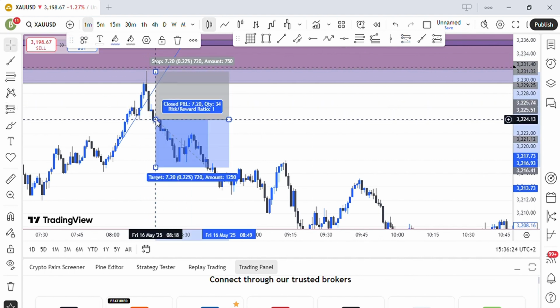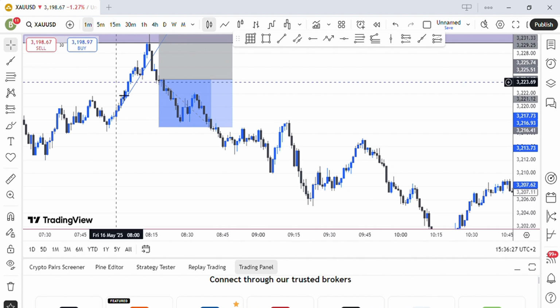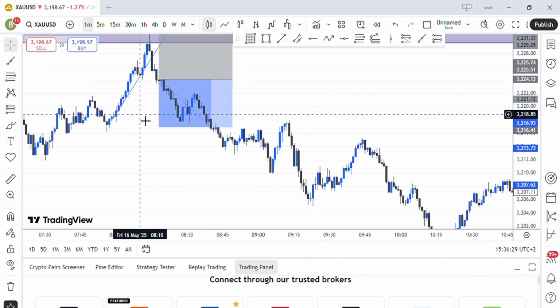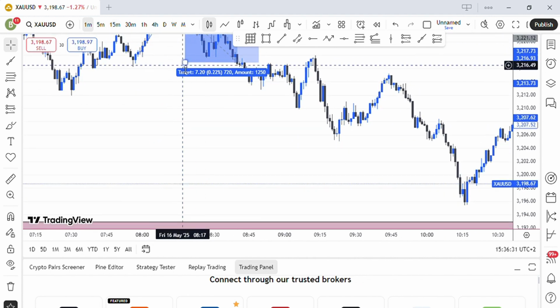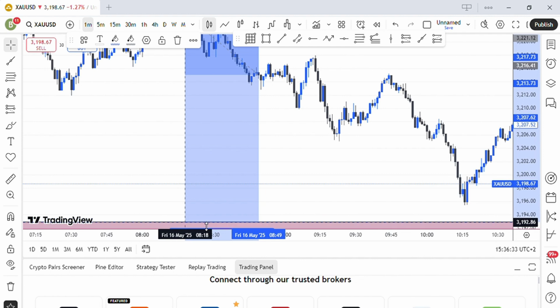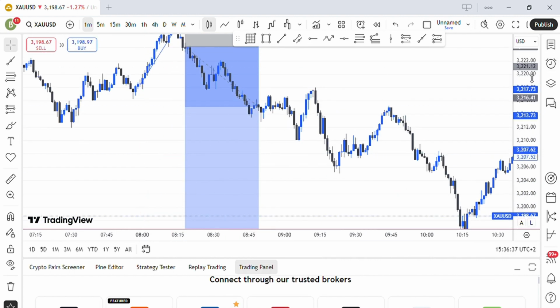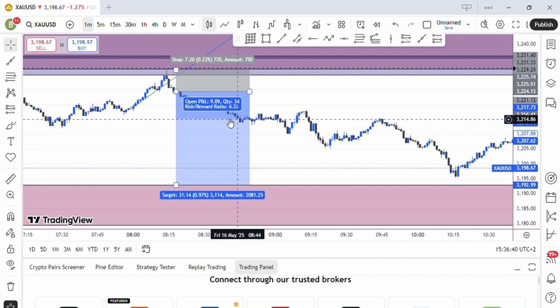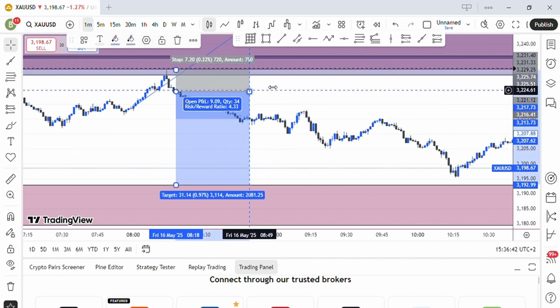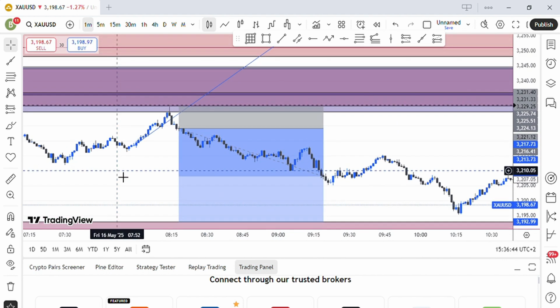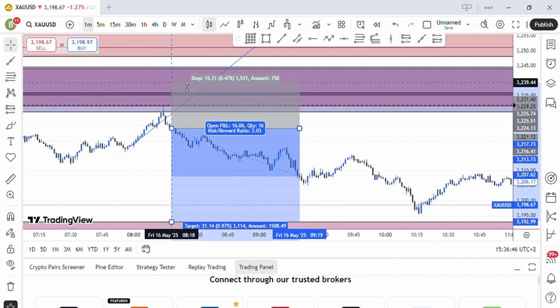Let's say from here, and our target will be all the way down there, and with our stop loss I'll probably put it around somewhere there.